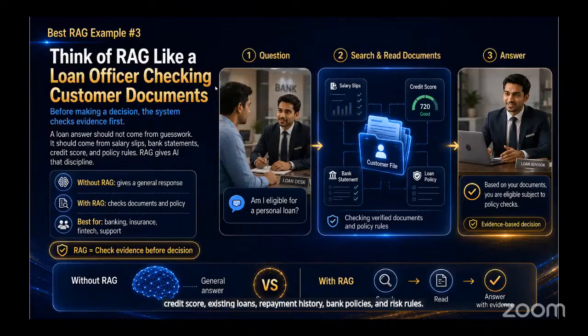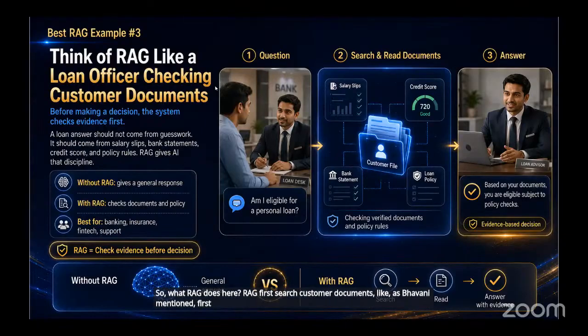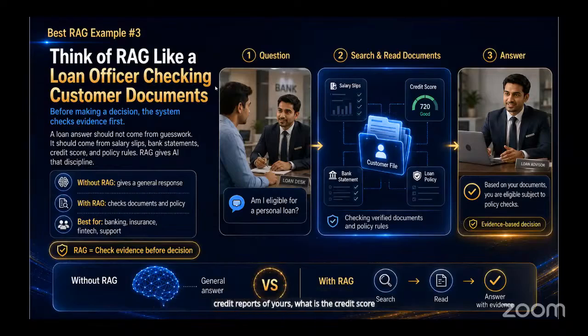So, what does RAG do here? RAG first searches the customer documents, bank policies, credit reports, the credit score, and loan eligibility rules, and then it answers. Without RAG, it says yes, you may be eligible.